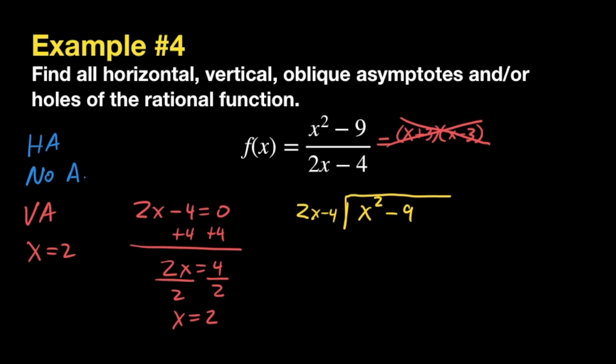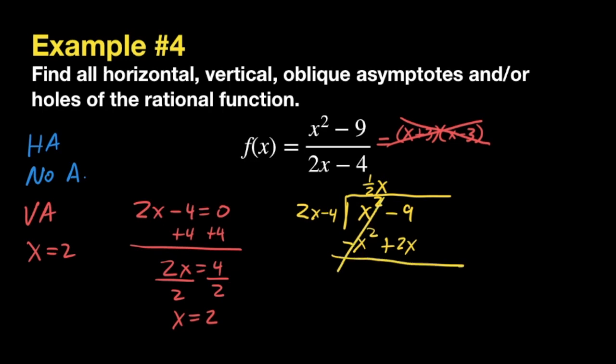We need to make this 2 into a 1, so that's going to be 1/2 x, and that's going to give us negative x squared, and that's going to give us positive 2x.